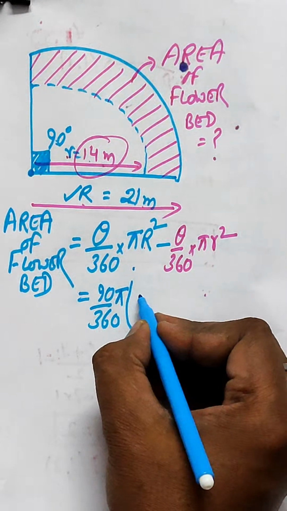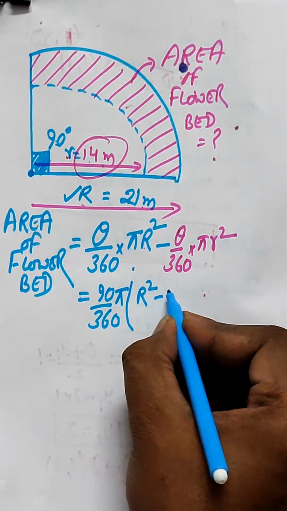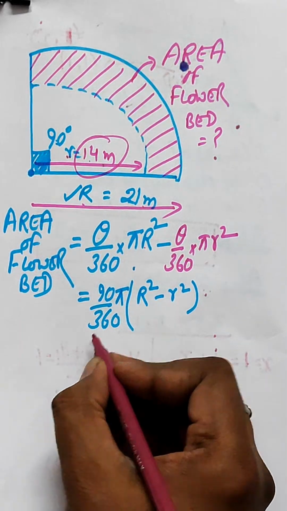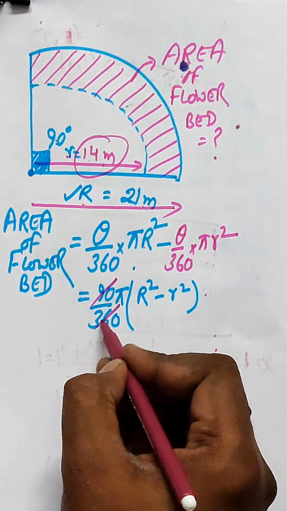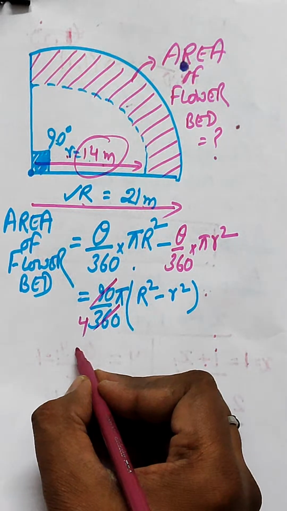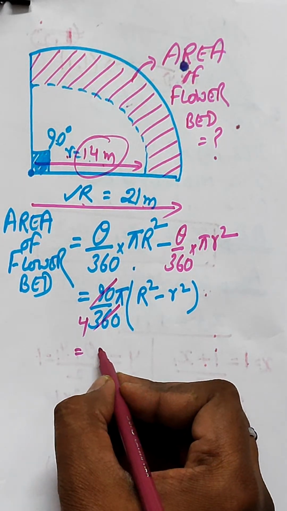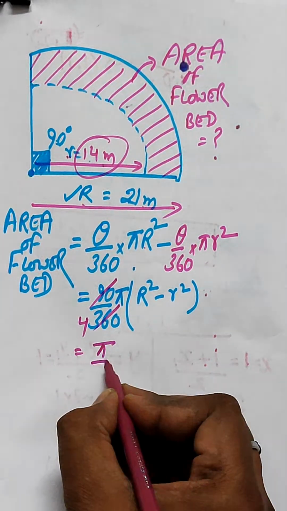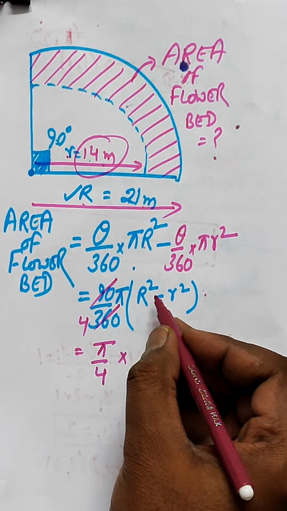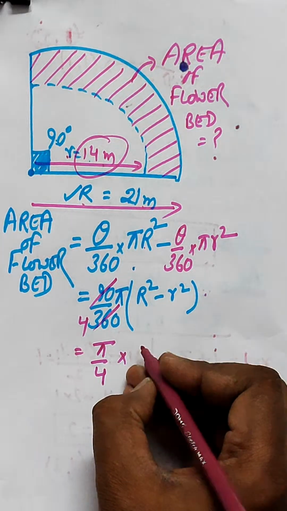So we are left with R square minus r square into the braces. Now 90 will be cutting 360 with 4 times. So we are having pi by 4 into R square minus r square. What is the value of capital R square?